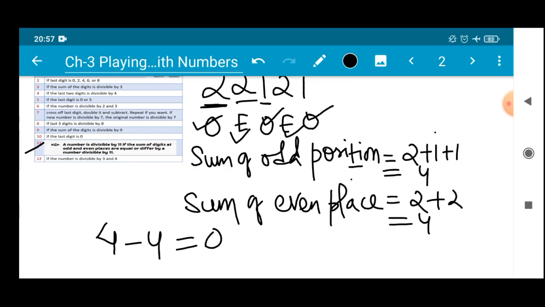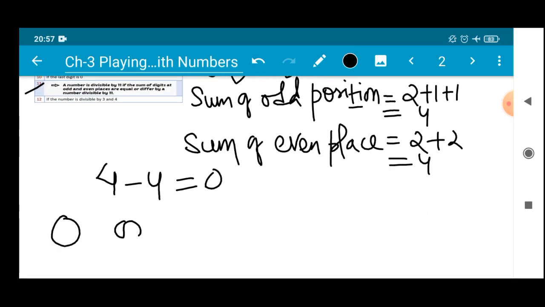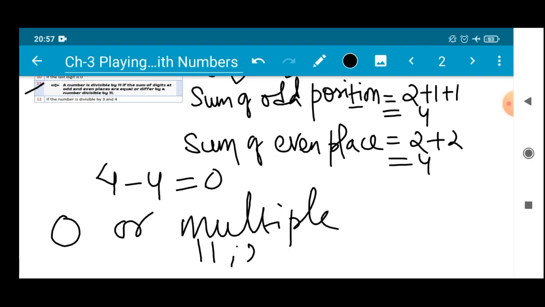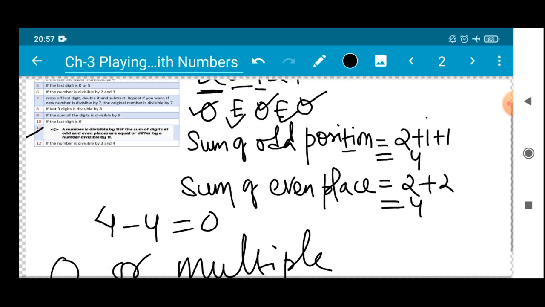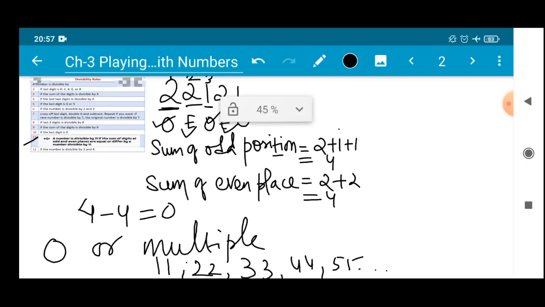So if you get the answer 0 or a multiple of 11, multiple of 11 meaning the table of 11: 11 1s are 11, 11 2s are 22, 11 3s are 33, 11 4s are 44, 11 5s are 55. If you get these numbers, if it comes under the multiplication table of 11, then the number will be divisible by 11.